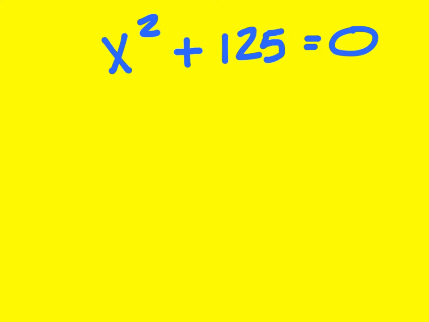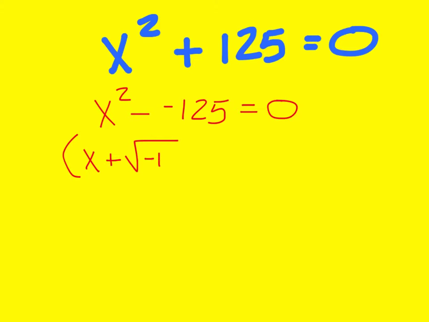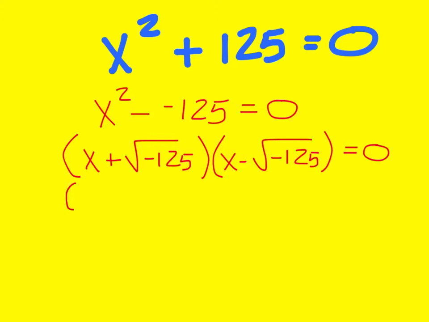On the practice problem, you should have x squared minus a negative 125 equals 0. So it's x plus the square root of a negative 125 and then x minus the square root of a negative 125. Now take out the i from each one.